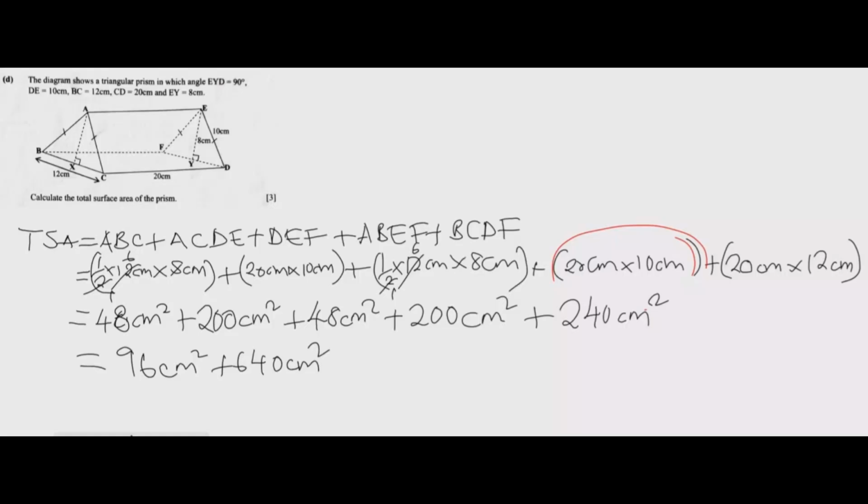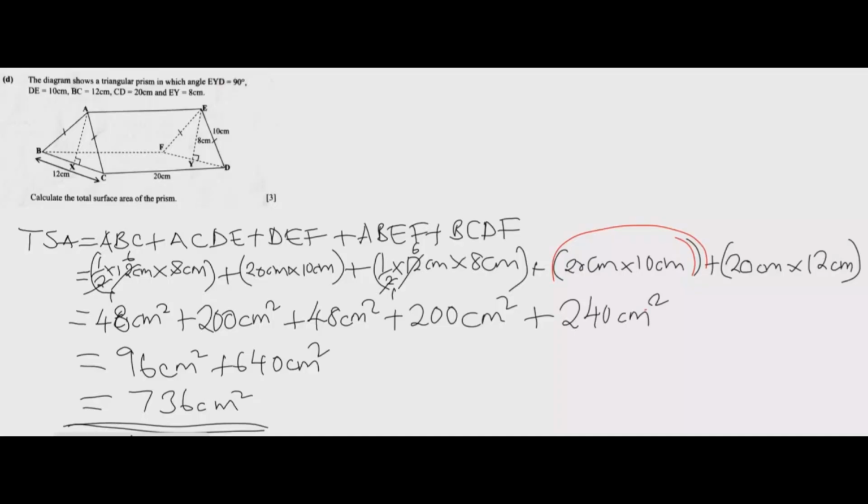Okay, so when we bring 96 to this, it's going to give us 736 centimeter squared. That will be the total surface area of this triangular prism, which is 736 centimeter squared.